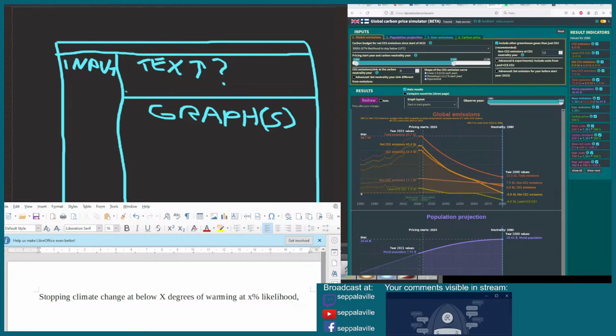But in any case, we would have these text results, and maybe those would be the first thing that pops up, especially for new users of the site. The graph stuff is maybe for more advanced users, or for when you have understood what's happening in the text.